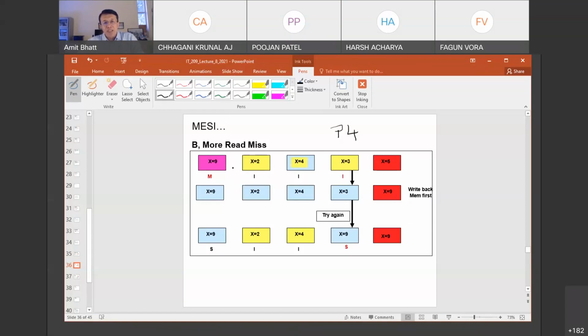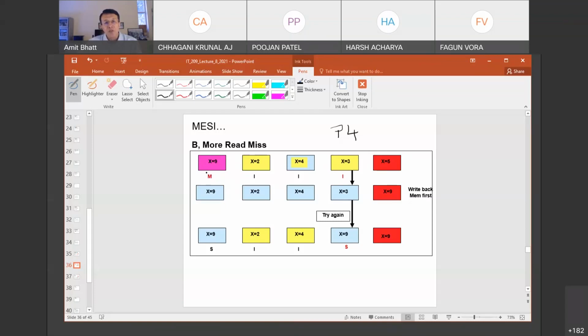Because this processor has got the M flag. What it means is this processor P1 has very recently changed the value of X in its block. So all these blocks are the same block, but this processor has changed the value of a word within that block. I'm looking at that word within that block that contains the value of X. It has changed to 9.